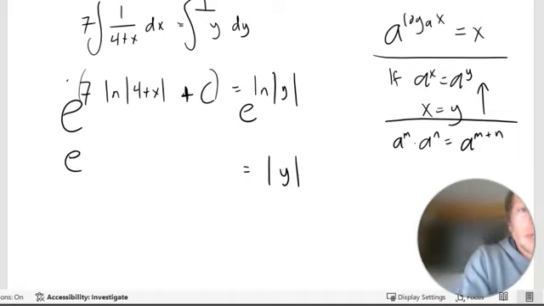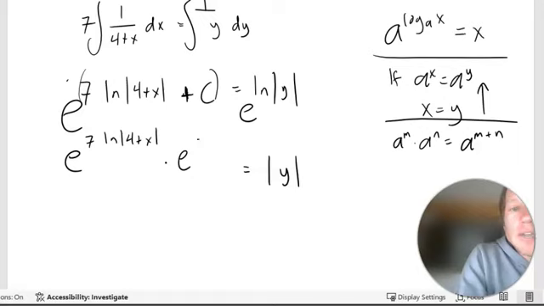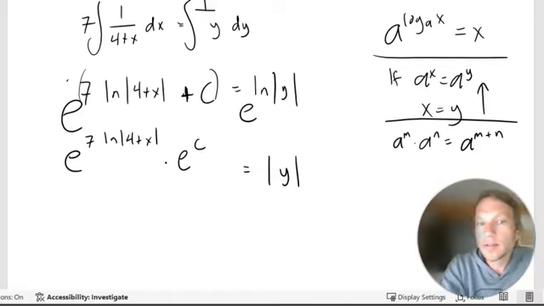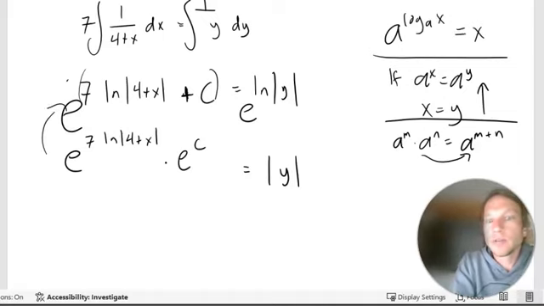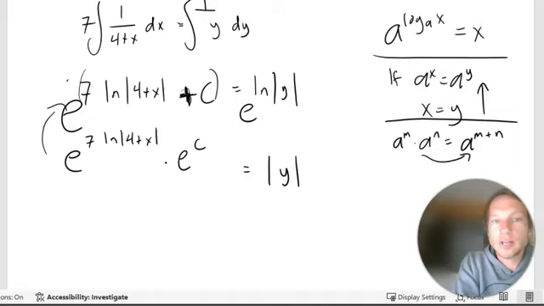So that would look like this: e to the 7 times the natural log of 4 plus x, times e to the c. Those are the same thing, right? That's two bases, each with an exponent; I would add them together. All right, so that's gone now. Right now it's a product. All right, good. Making some progress here.